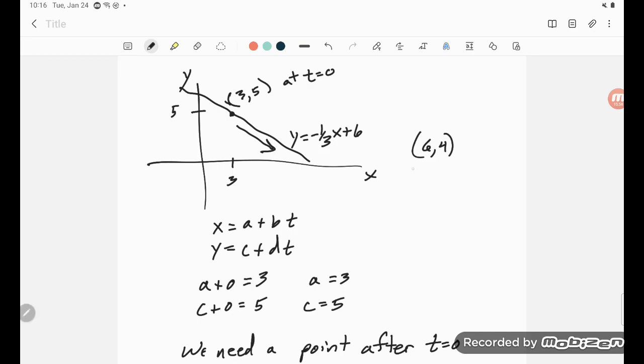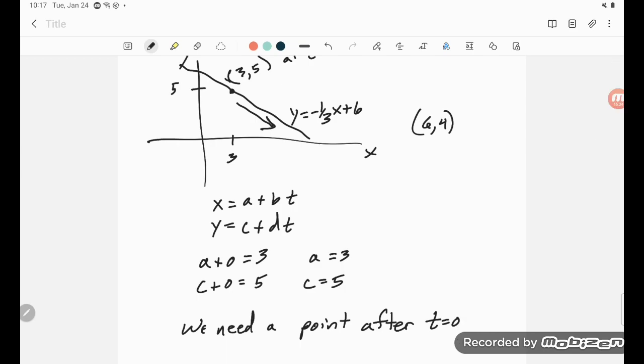But they pick a point 6, 4. Now, how did they get that? Okay, so yeah, we need a point after t0, and they came up with 6, 4, and they got that just by saying, well, let x equal 6, and then y equals negative 1/3 times 6 plus 6. So they got a negative 2 plus 6, which was 4. So that's where they got it.